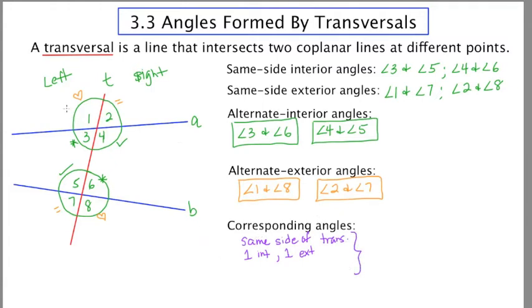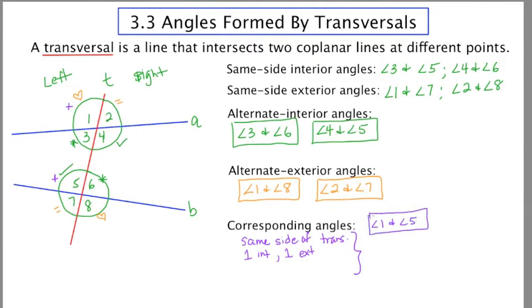So let's start with number 1. I'll put a plus here. We'll stick with some math. So I need to pick something from this cluster on the same side of the transversal, but this time, since this one was on the exterior, this has to be the interior. So it's going to be 1 and 5. So angle 1 and angle 5.